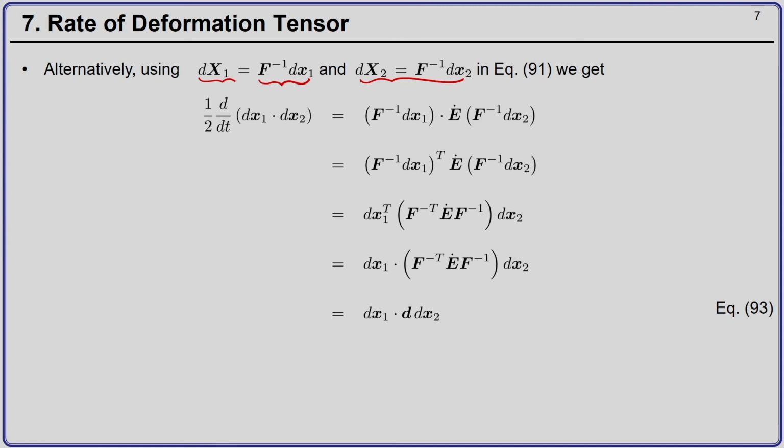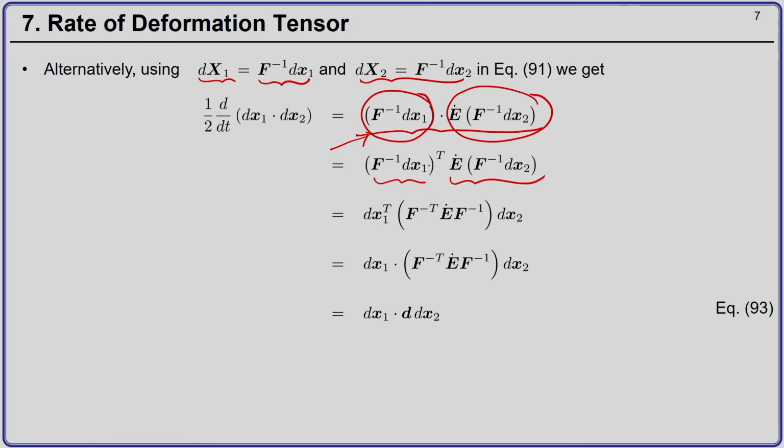What do I get? I get F inverse dx1 dot E dot F inverse dx2. Now, the first term in this bracket is a vector and this term over here is also a vector, and A dot B is A transpose B, where A is this quantity. So, I can write (F inverse dx1) transpose E dot F inverse dx2.